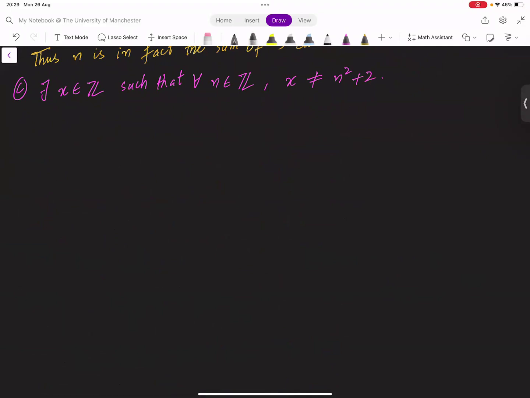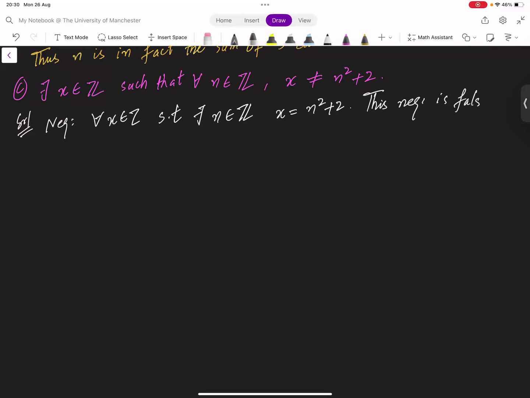Let's try to prove this. First, the negation. The negation is going to be that for all x in Z there exists n in Z such that x is n square plus 2. Now this negation is false.